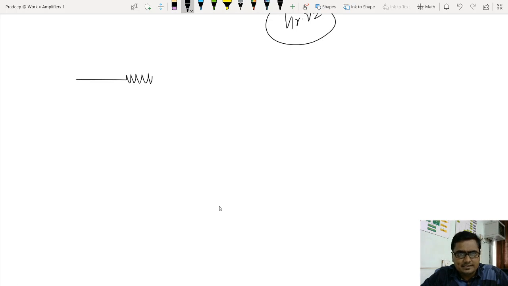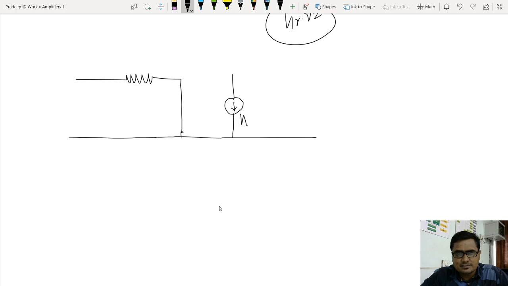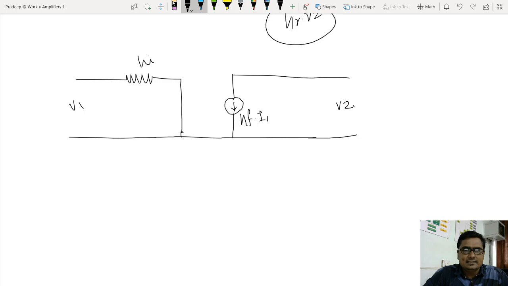I am left with only this thing. I am left with HI, this HR V2 replaced with a short circuit. I am left with a current source. What is the current source? It is HF. So if I say this is V2, this is V2, then I need to say that this, what happened?